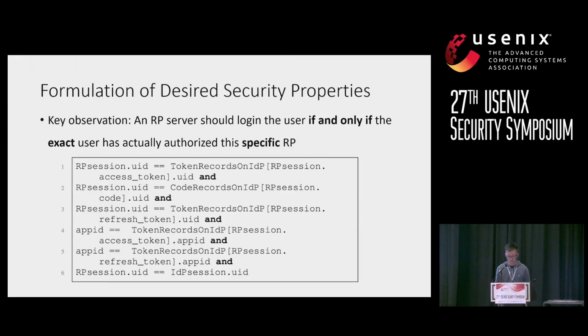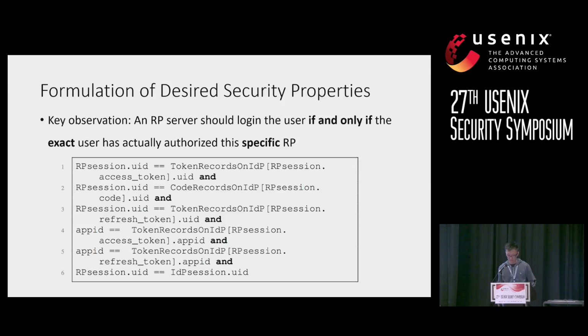The first clause means the user stored by the RP session should be the owner of the received access token. So does the code and refresh token in clause 2 and clause 3.